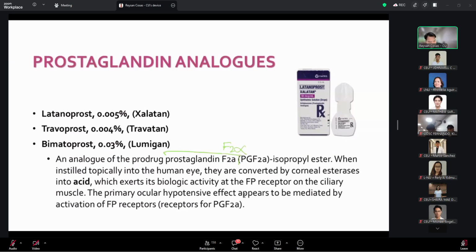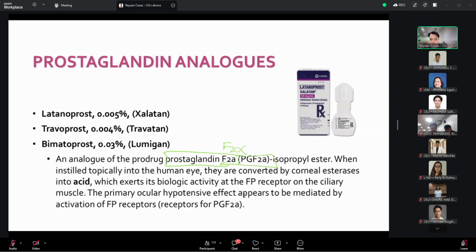Yan siya. So all of them are prodrugs. They're analogs of the prodrug prostaglandin F2 alpha isopropyl ester.